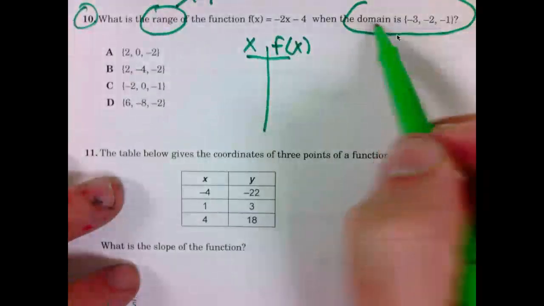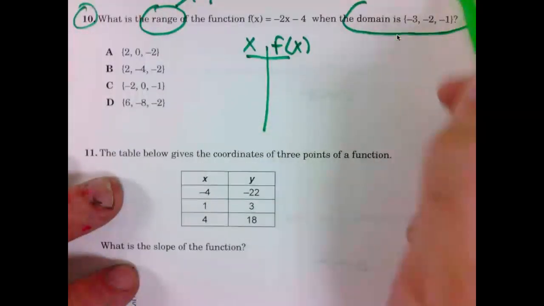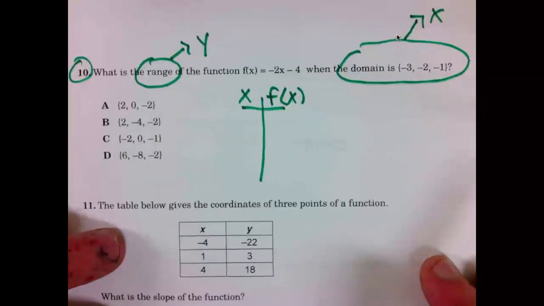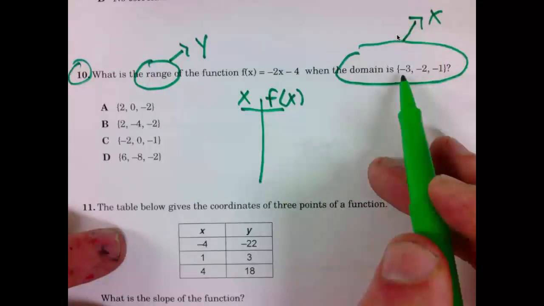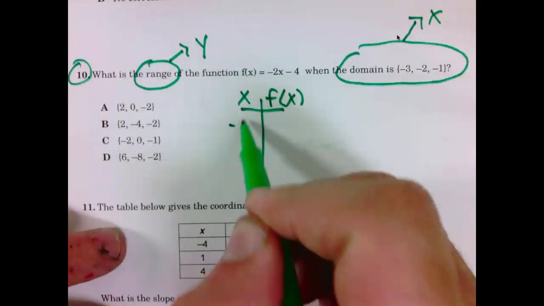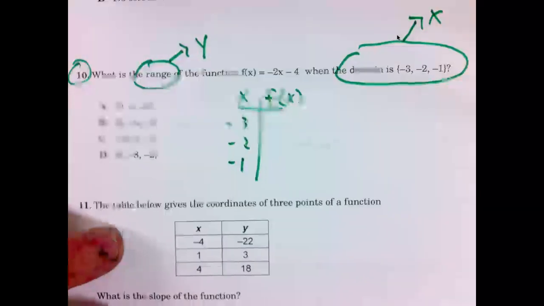Domain is our x, these are our x's. Domain is the set of x's, so these values go in for x. Negative 3, negative 2, negative 1. I want to know what the corresponding y's are. Again, I can enter this function in my calculator.